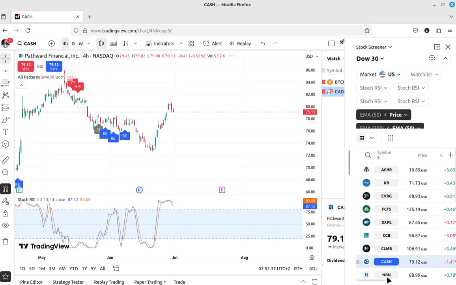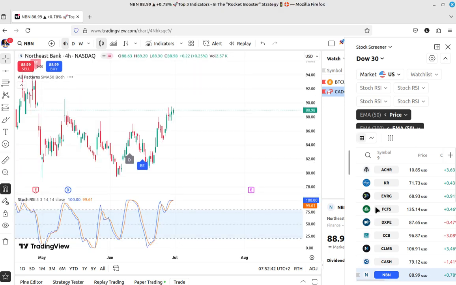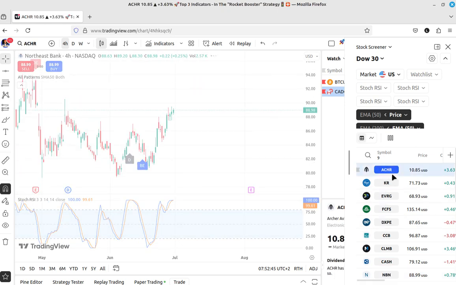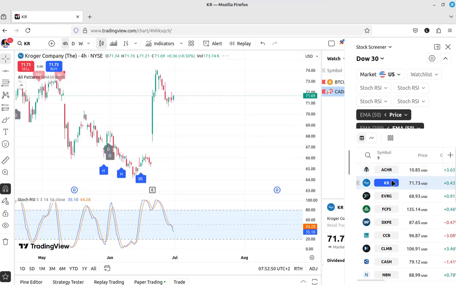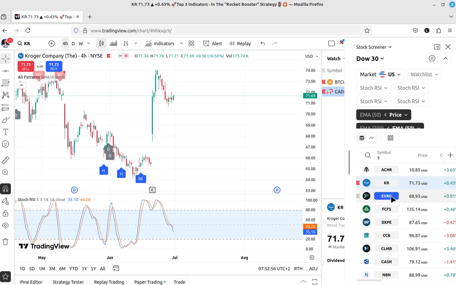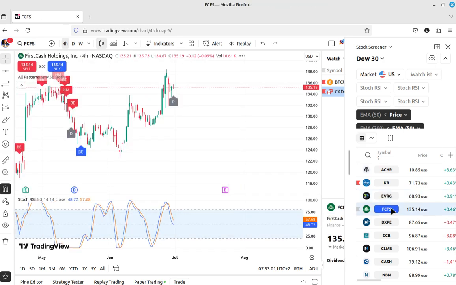I don't know how accurate it is, but we're looking for a reversal entry on the 4-hour time frame. Most of these don't have 4-hour reversals except for this one. That's the only one in the 4-hour in the reversal, because we're looking for a 4-hour reversal pattern.